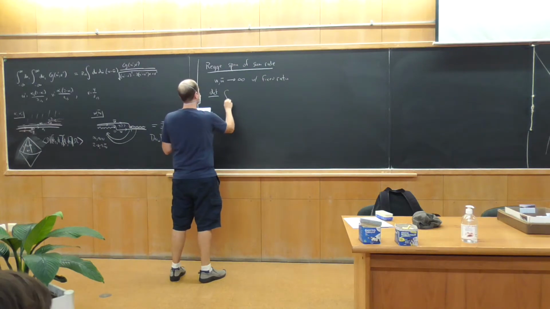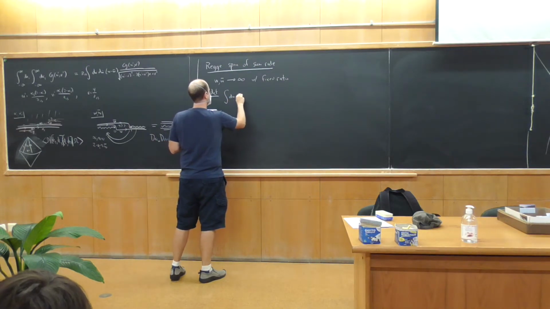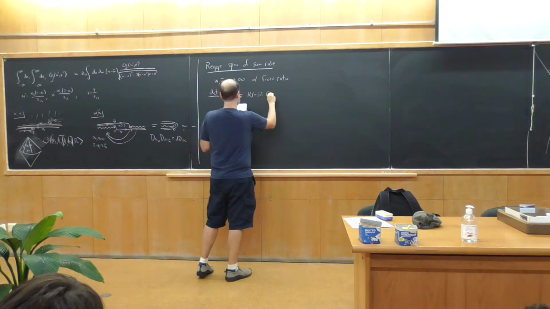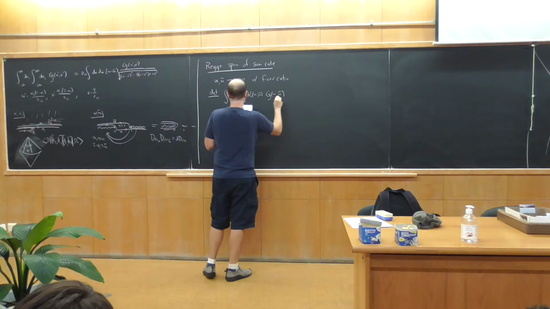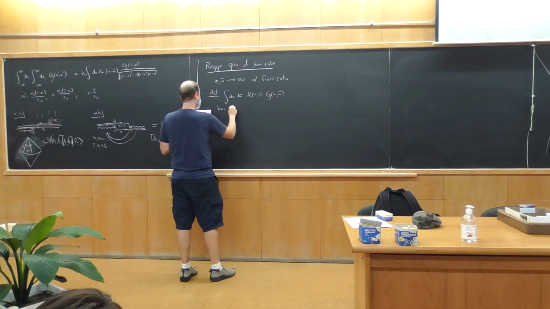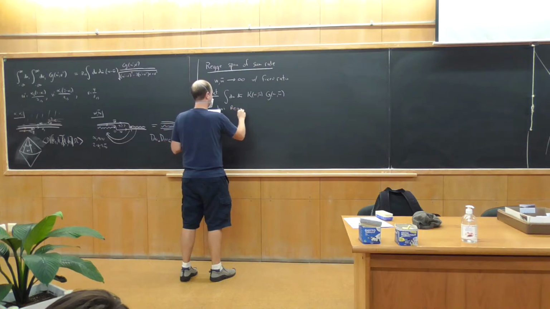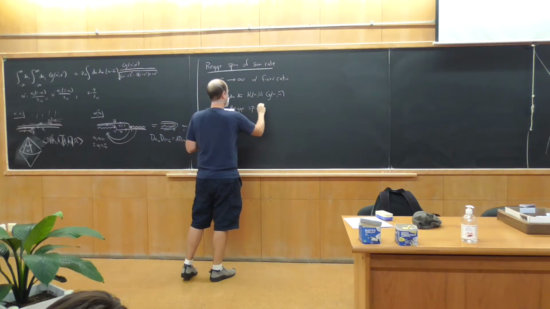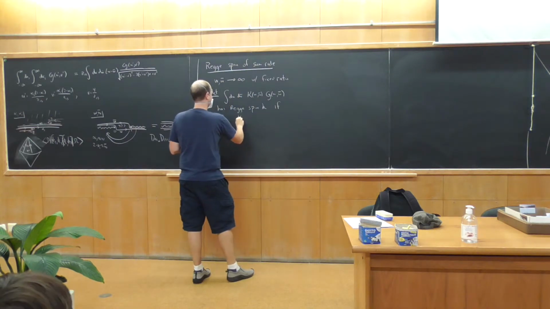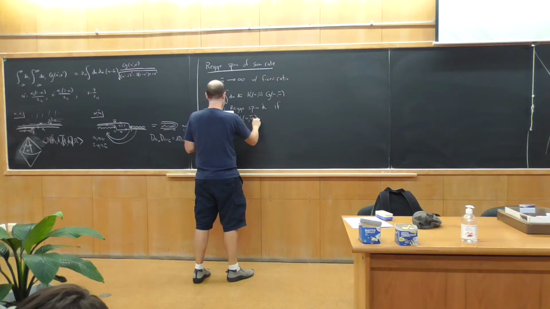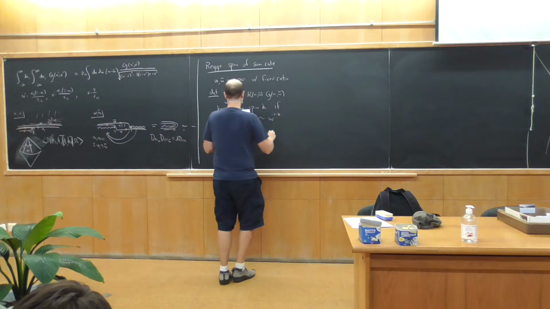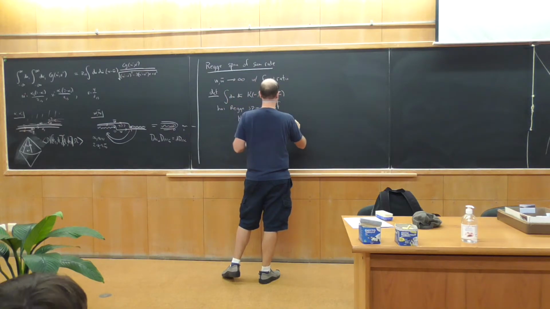So, definition. If we have a sum rule with the form of an integral over W and W bar of some kernel times the 4-point function, we say that the sum rule has Regge spin K if the kernel has homogeneity W to the minus 1 minus K in this limit.